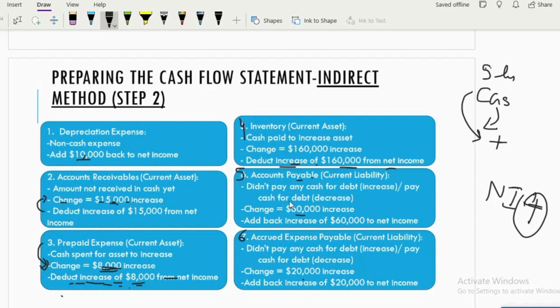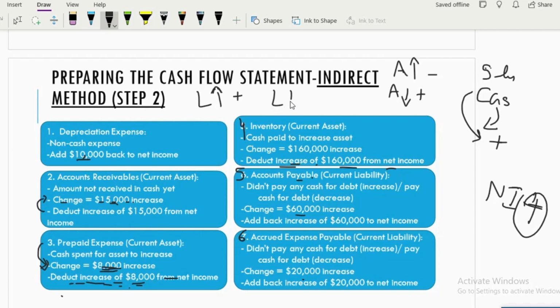So what is the final rule? The rule is whenever an asset increases, we are going to minus it because it takes our money. Whenever an asset decreases, it brings the money, so we're going to add it back. Whenever a liability increases, it means we did not pay for it, but operating activities has deducted it, so you add it back so that its effects are gone.